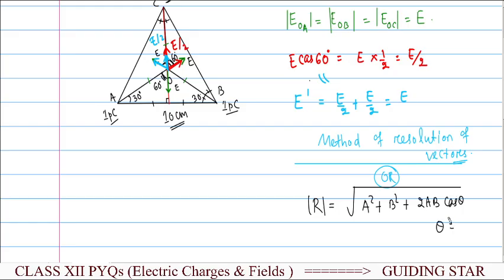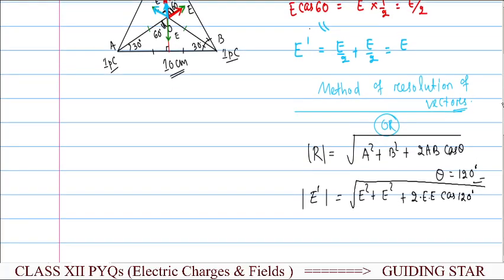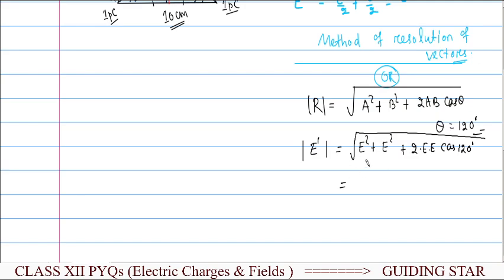Here the angle between the given vectors is taken as 120 degree, and each of these vectors is the same, because we are taking the vectors as the electric field itself. So the magnitude of the net electric field will be the root of E square plus E square plus 2 into E into E cos 120 degree. How much will we get?